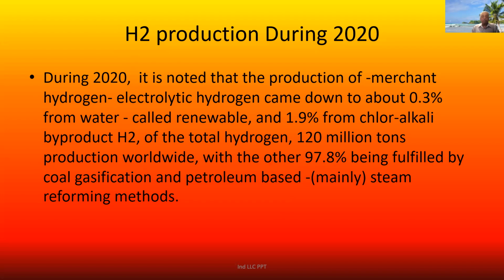The rest, 97.8%, or more than 115 million tons of hydrogen, were produced by either coal gasification or steam reforming or other internally converted methods in the petroleum refineries.